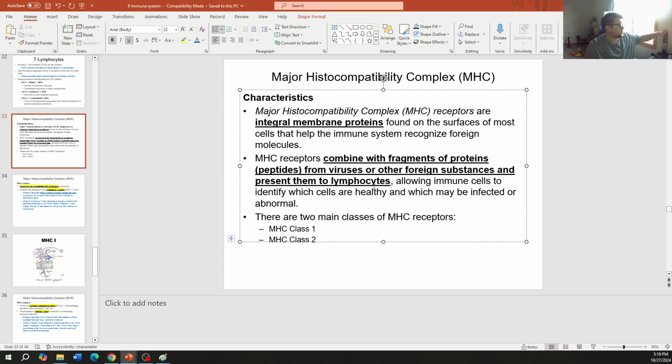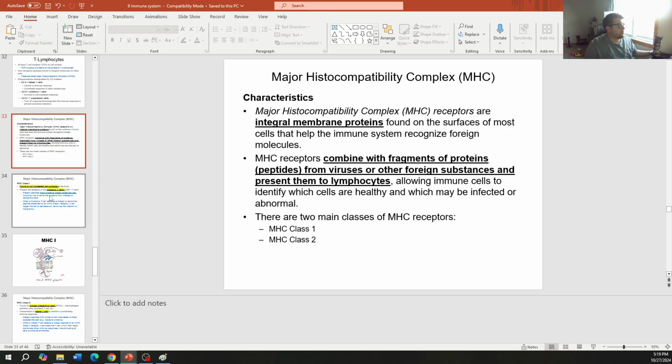So they find the bits and pieces, like, hey, these aren't supposed to be here. They grab onto them, and then they show it to the T cells and say, you've got to do something about this. That activates the T cells, and then the T cells can kick into gear and do their job.